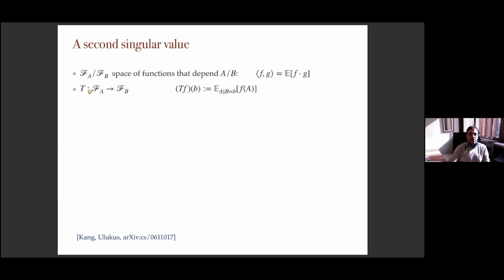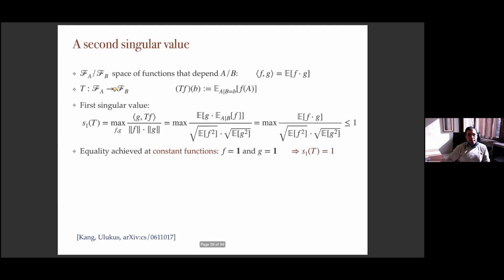This operator T will be important during these lectures. You will see it several times. Now, this is an operator. This is a matrix in general, if A and B have finite alphabets, which I assume during this talk. Then I can think of the first singular value of this matrix.